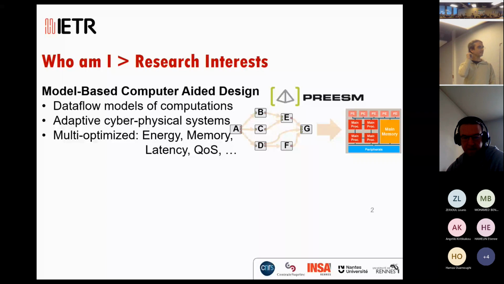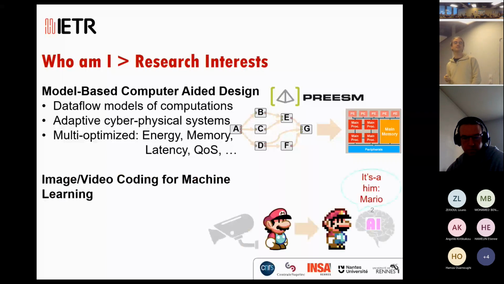My other research interests include, first, image and video coding for machine learning. This is a quite recent interest where the basic idea is that when you have a video that is supposed to be received by an artificial intelligence, you don't really care about the quality of the video. The only thing you care about is whether the artificial intelligence is able to do its task or not.